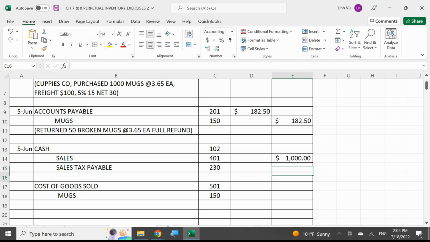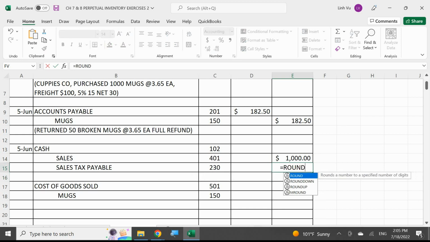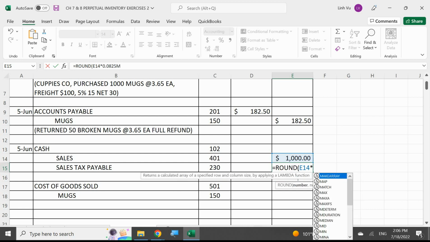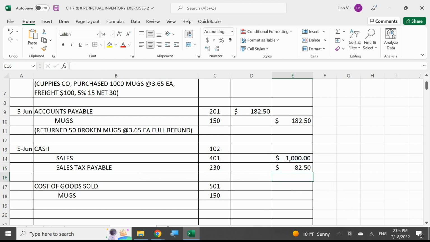How much is my sales tax? 8.25%, which is $82.50. So in grand total, how much cash did I receive from these sales? $1,082.50.